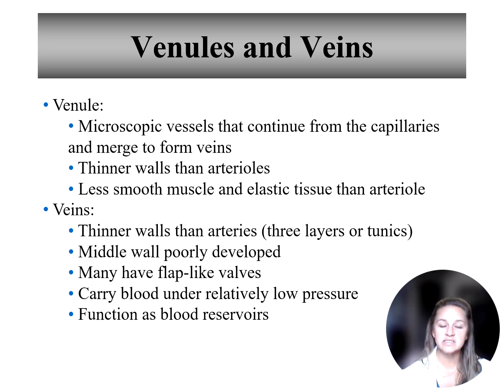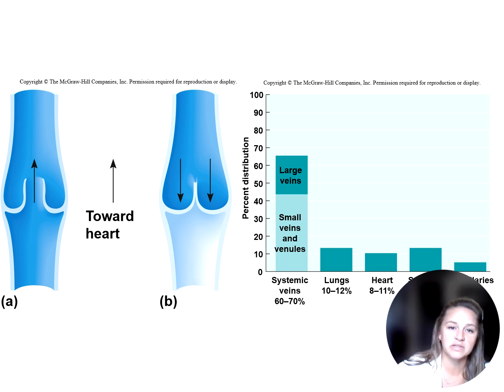Because the pressure in the veins is considerably lower than it is in the arteries, you could have blood kind of back up between heart contractions. So these valves prevent the blood from going backwards. This is showing blood moving towards the heart, and then after the contraction of the heart, these valves close to prevent the blood from going back where it came from.